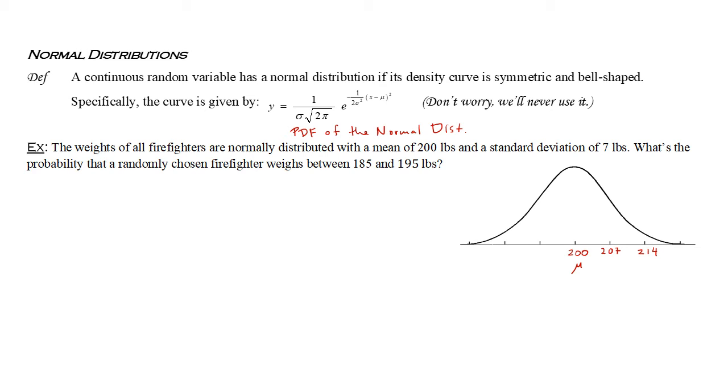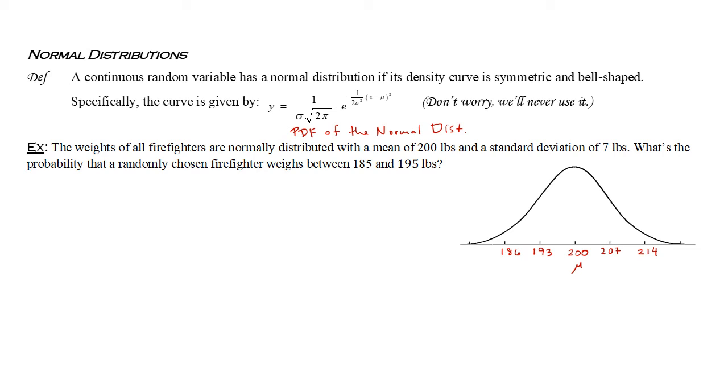Now if we're going the other direction, 7 pounds below the mean, if I do 200 minus 7, would give me 193, and then 7 below that would have 186.